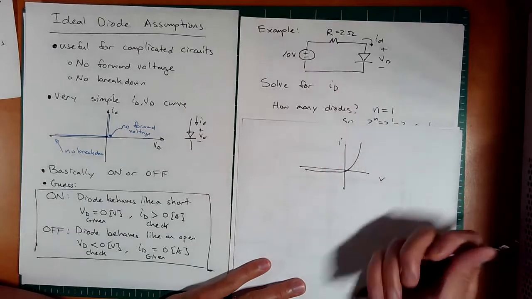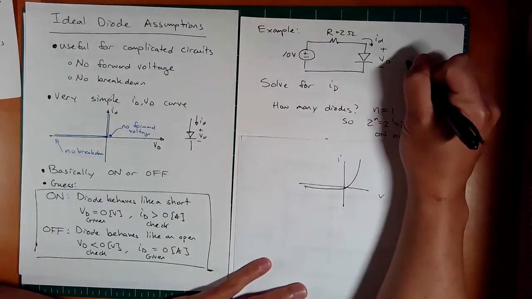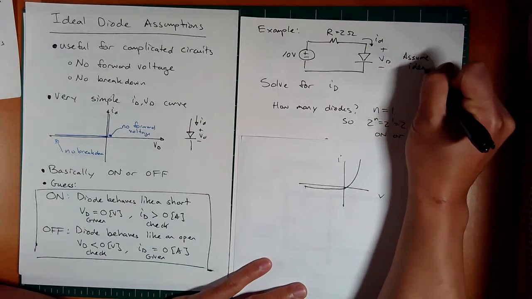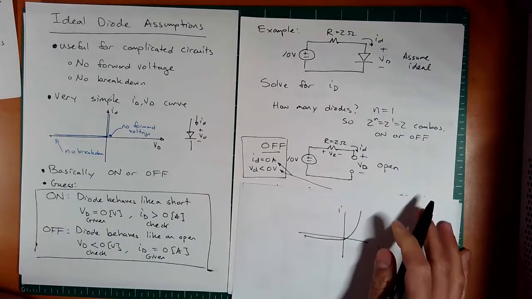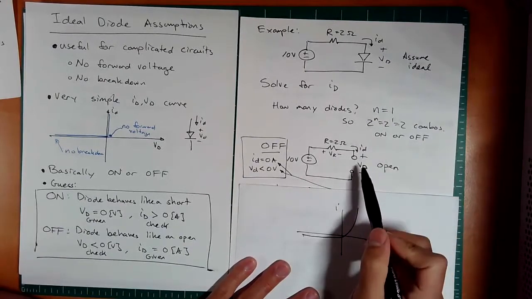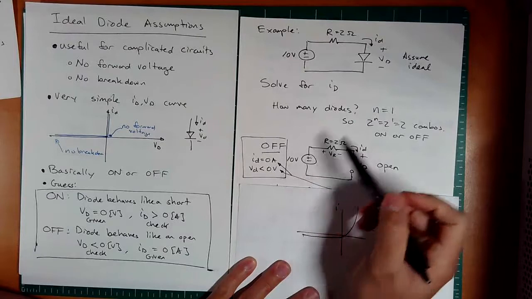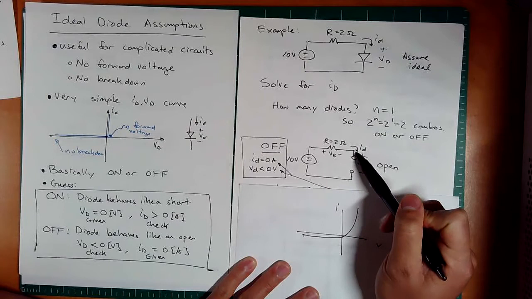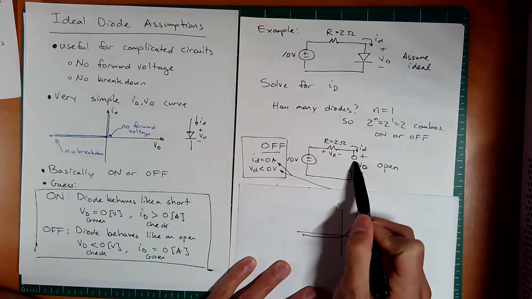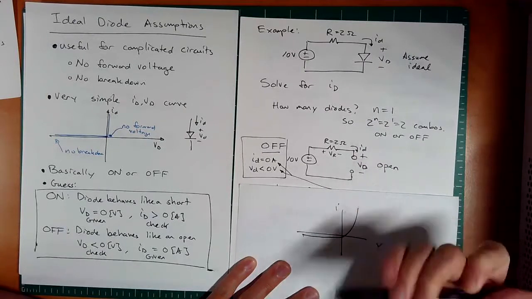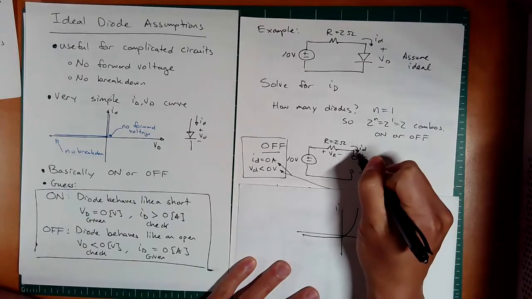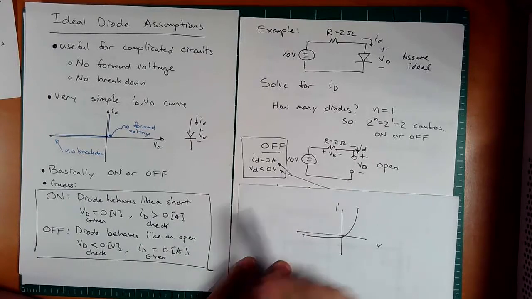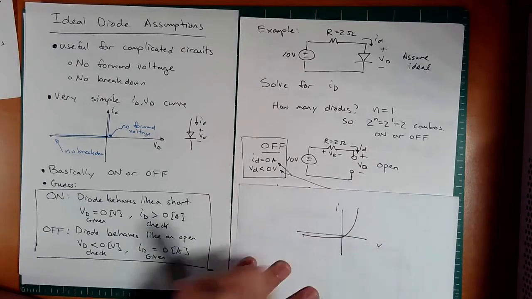Okay, so we're going to assume ideal, right? And what do we have if we assume that it's off? Well, you've got to be careful here. You've got to write down the voltage here, and the current still. And I'm going to redraw it with an open circuit. A lot of students forget to do this. I want you to redraw it with an open circuit, and now we can analyze. When it's off, you will assume already that the current is 0, but we need to check: is this voltage in fact negative?